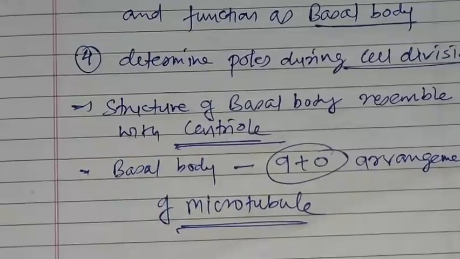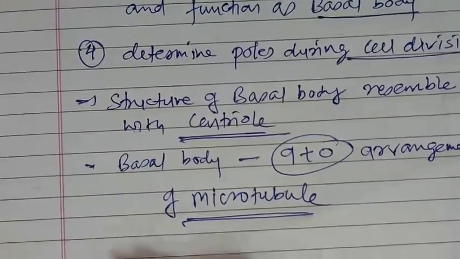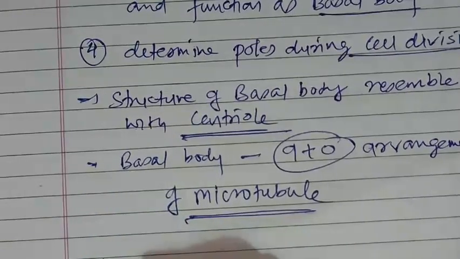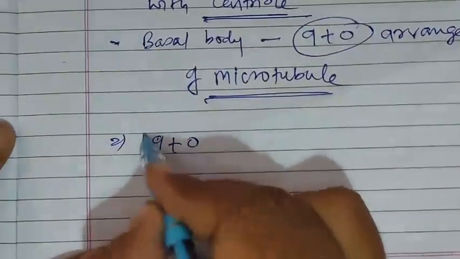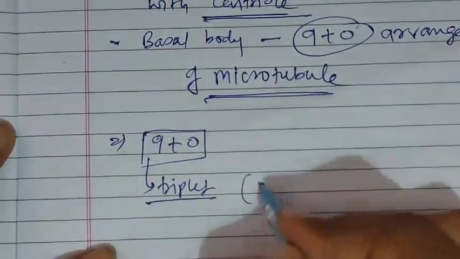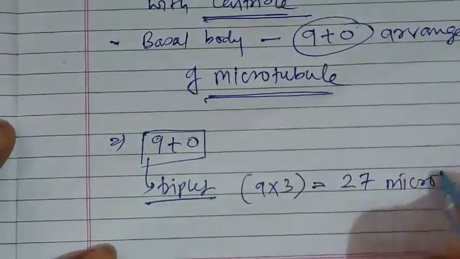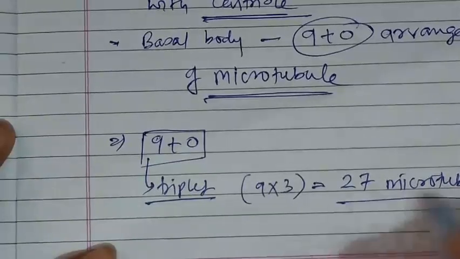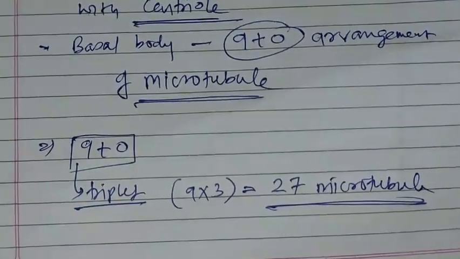Now someone will ask how many total microtubules are involved in this centriole structure. They have a 9+0 arrangement, and 9 are triplets. So 9 into 3, that is total 27 microtubules are present in the structure of one centriole. So this is about the function and structure of centriole, which is a membraneless organelle.